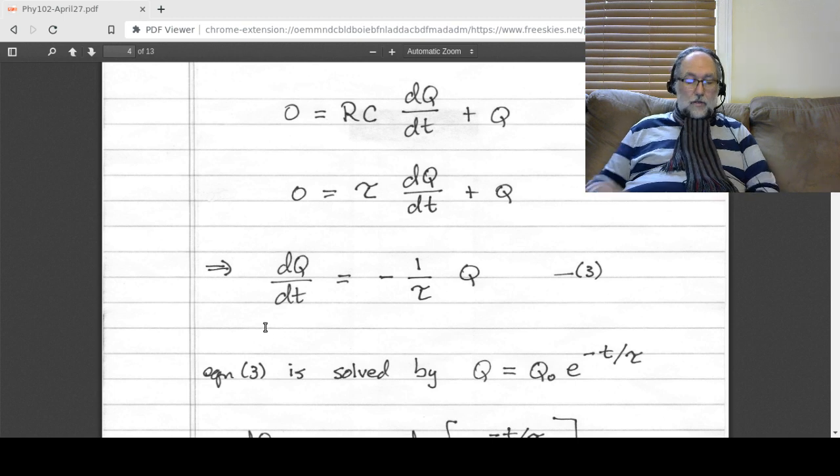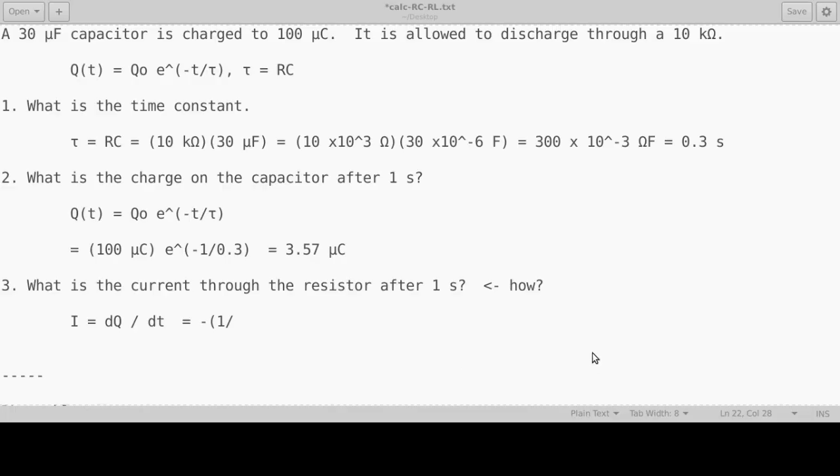I'm going to write it, let me switch back to the whiteboard. Oh, I've lost the whiteboard. Hold on here. There we go. Okay, so over here, this is the equation that you just saw.